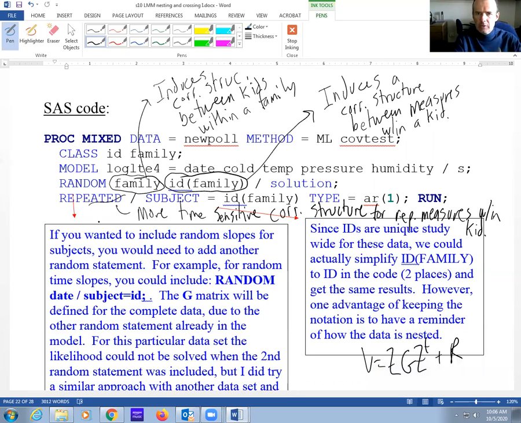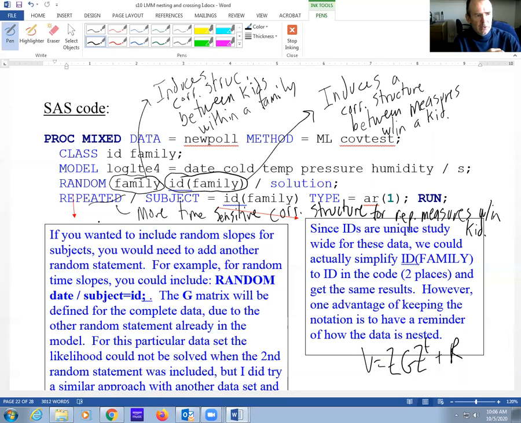It's just the numerical way that you're approaching it that differs a little bit. But when you have something like family or center or some other factor other than subject, then it's more common just to say random family. It'll fit a random intercept for that factor. So did that answer your question?